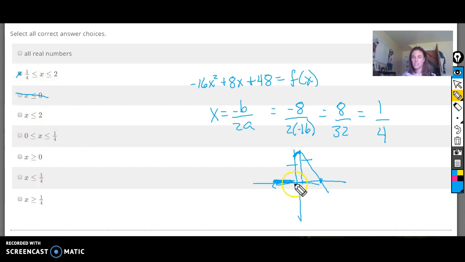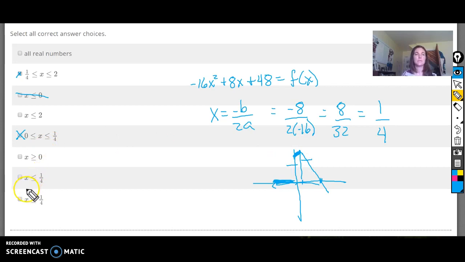But this range is actually positive time and something that'll work. It's less than your vertex, but it's still in positive time. X greater than 0 can't work because it includes duplicate values. It includes this side and this side, okay?